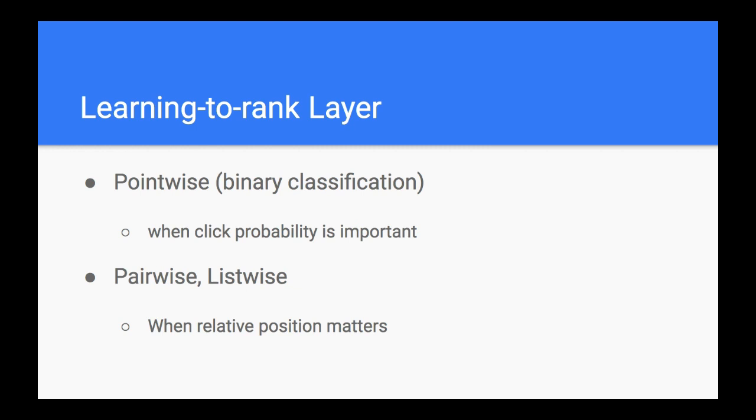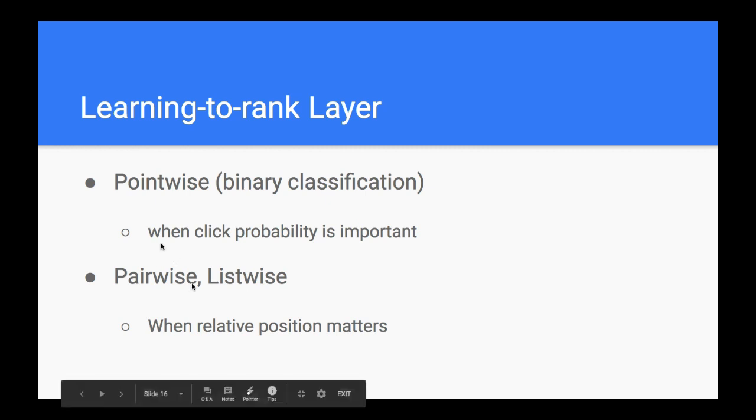And the last layer is the learning to rank layer. Learning to rank is a very popular methodology that people use to improve their search algorithms and search engines. The easiest one is point-wise learning to rank.